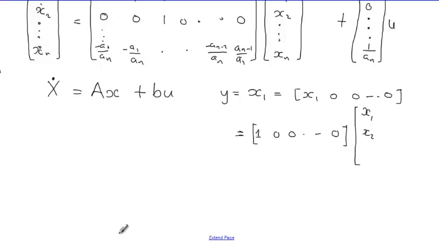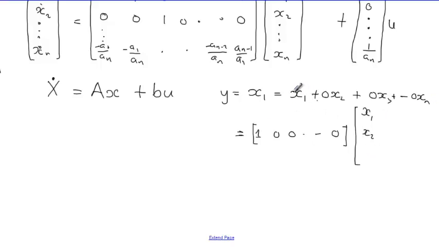Oh, sorry, I think I made a mistake here. I should have written this as x1 plus 0 x2 plus 0 x3 plus dash dash up to 0 xn.